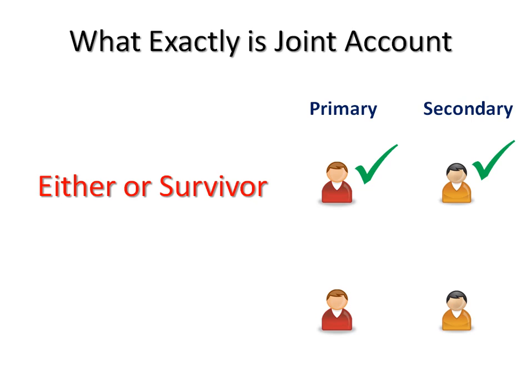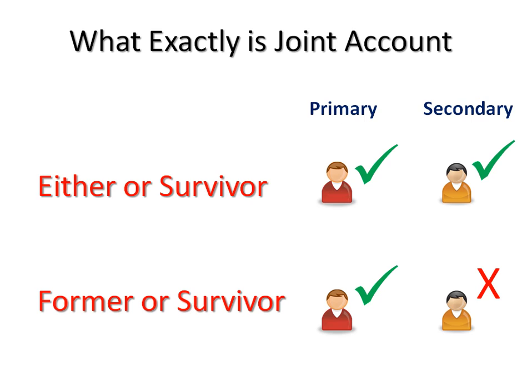However, if you want that only the first person should be able to perform all the tasks but not the second person initially, and only after the death of the primary the secondary person should be able to get hold of it, in that case the mode is former or survivor.